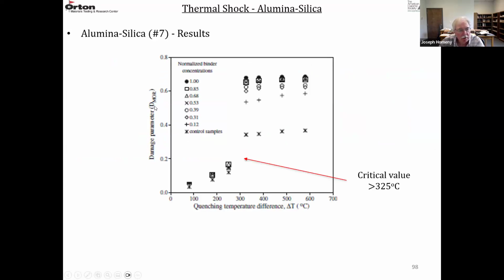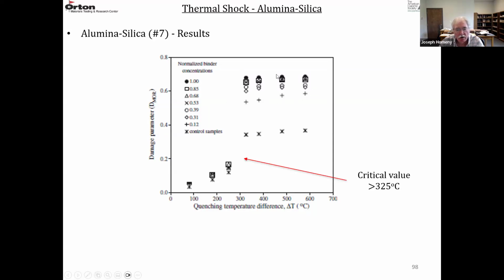So the damage parameter DMOR from 0 to 0.8 is plotted as a function of the quenching temperature. And then these are the different samples. The X is the material without the binder. So the damage goes up slightly, and then at a critical value somewhere greater than 325 degrees C for the delta T, there's an abrupt strength loss.